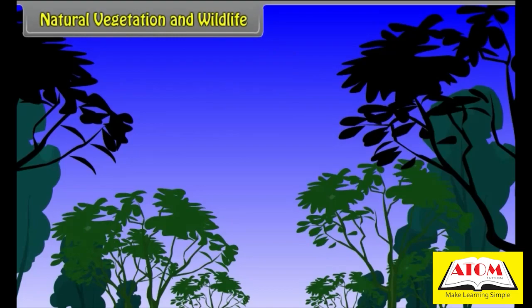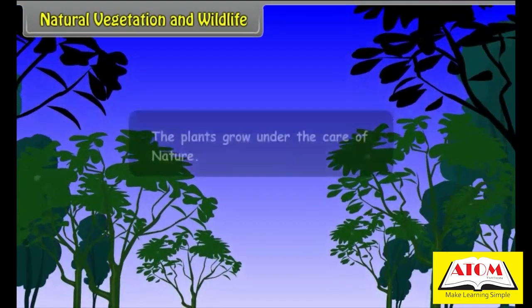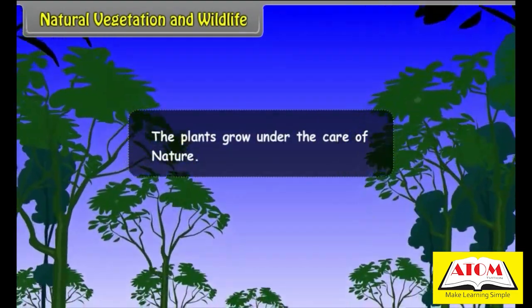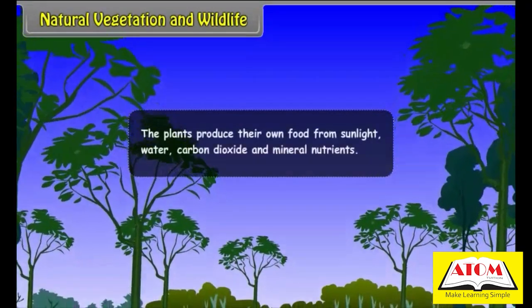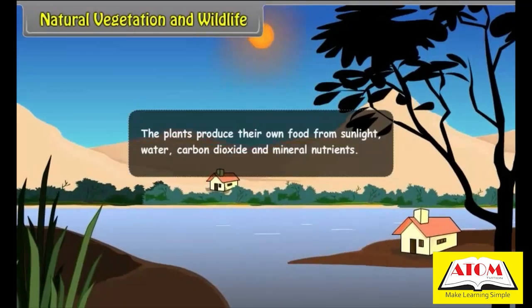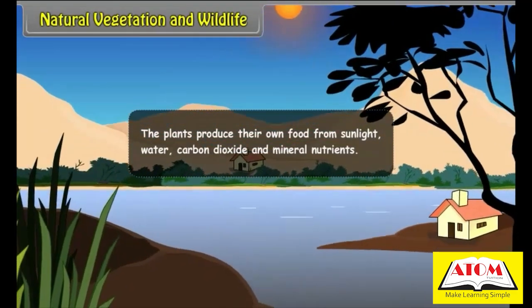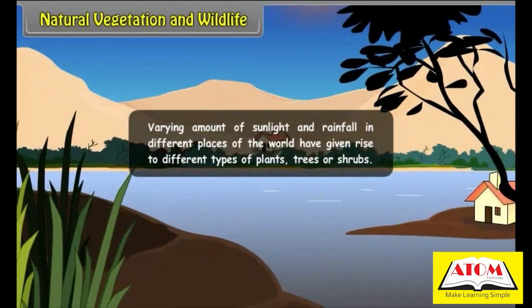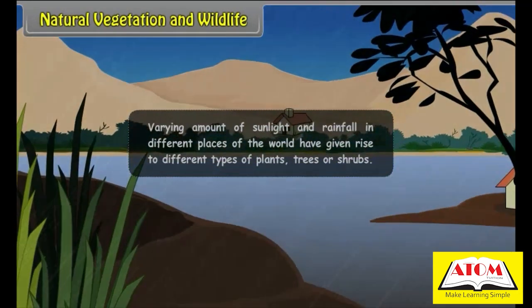Natural vegetation and wildlife. The plants grow under the care of nature. The plants produce their own food from sunlight, water, carbon dioxide and mineral nutrients. Varying amounts of sunlight and rainfall in different places of the world have given rise to different types of plants, trees or shrubs.